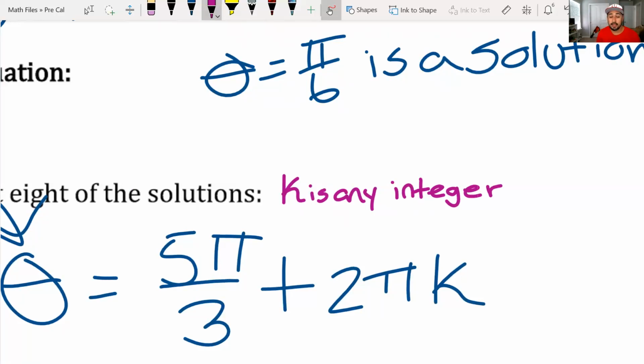And remember, to be an integer, you are a whole number from negative infinity to positive infinity. That's why I said when it wants 8 solutions, pick whatever number you want for k. Pick 1, pick 0, pick 100, pick negative 1000. No matter what, that's still going to be a solution for theta.